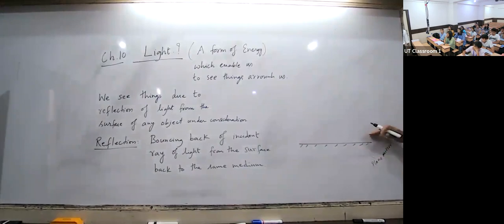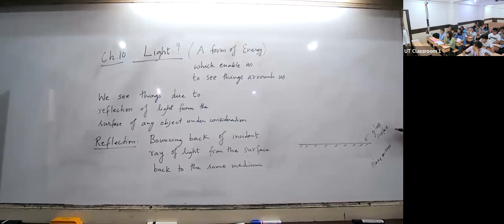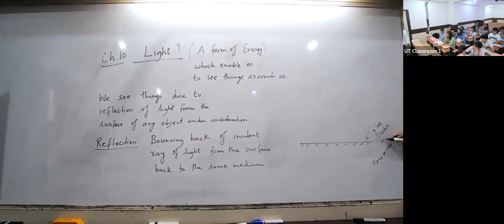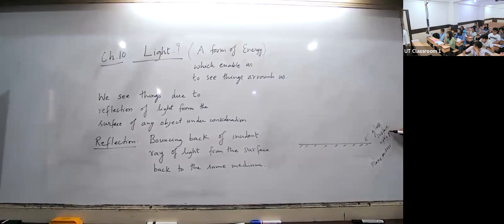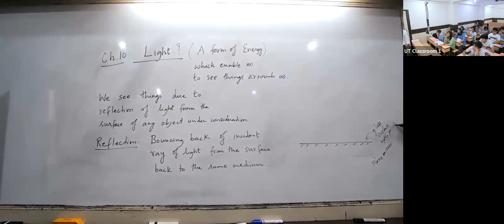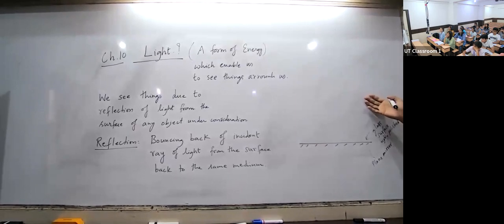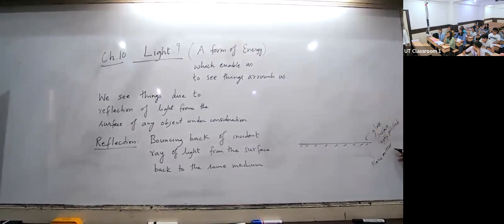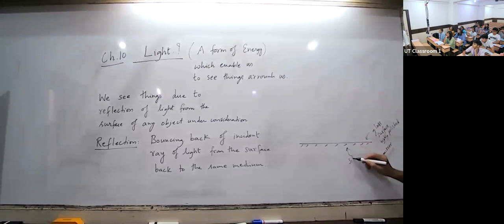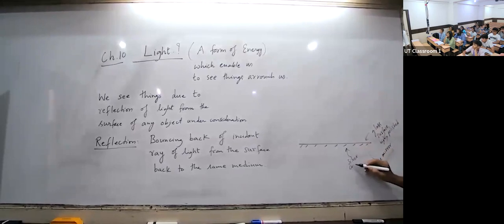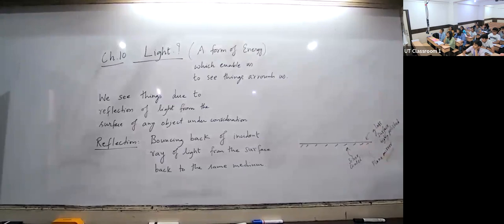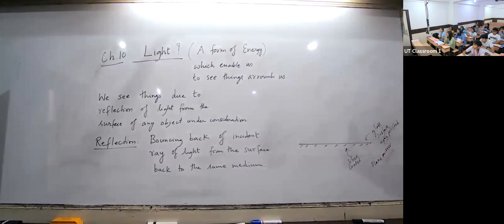A mirror has a highly polished glass surface on one side. Even a board is highly polished, so not necessarily glass, any polish. But how is a mirror different? The other side is silver coated, so this ensures maximum reflection.